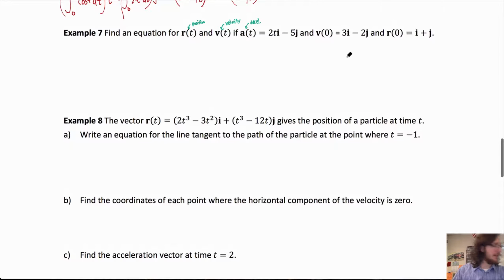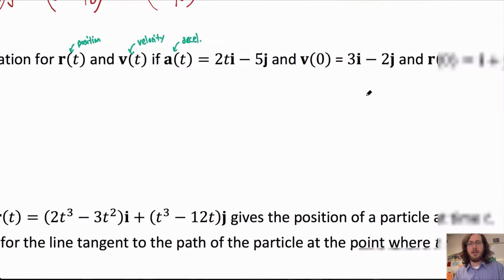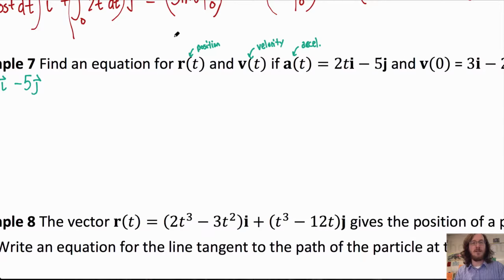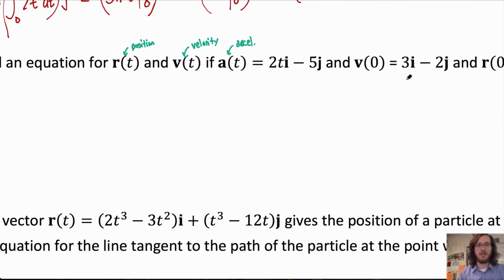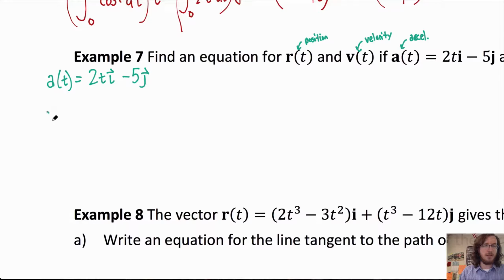Okay, so keeping that in mind, let's start over here with what they give us, our acceleration vector of t. Okay, so they give us 2t i minus 5j. And they want us to find an equation for r of t and v of t. So if we know our acceleration vector, let's go ahead and get our velocity vector next.